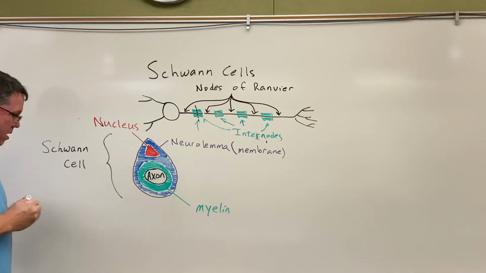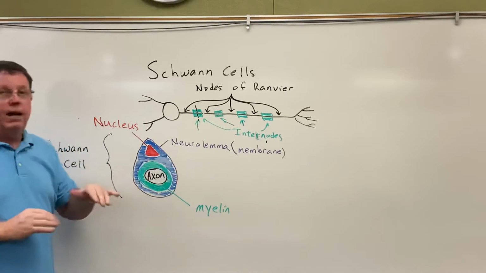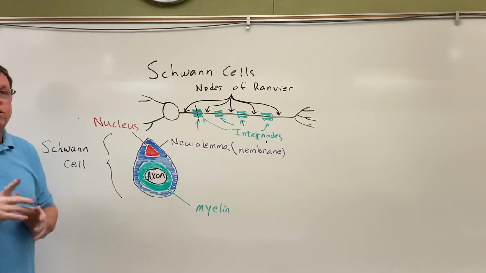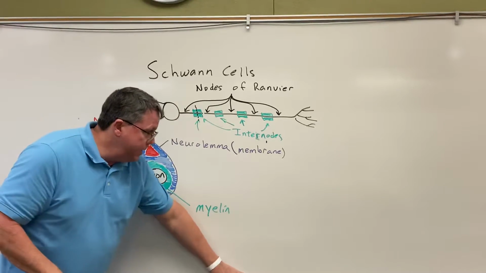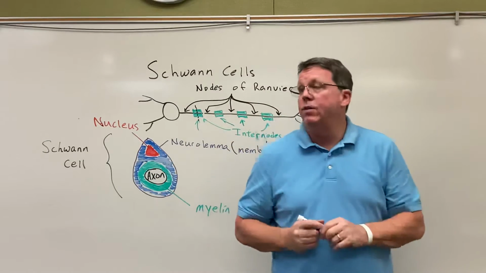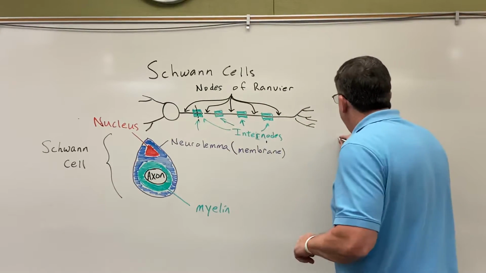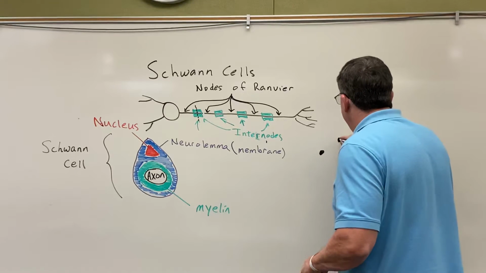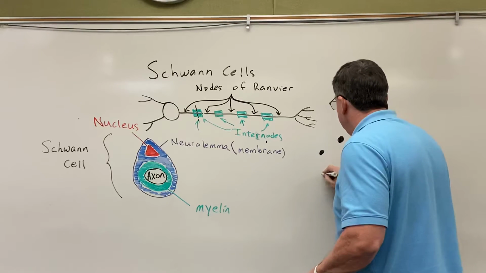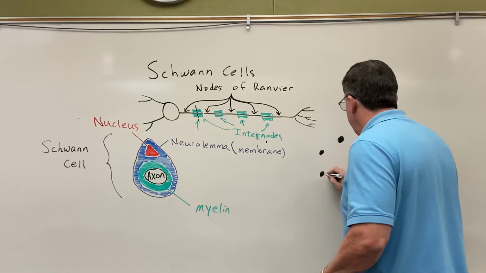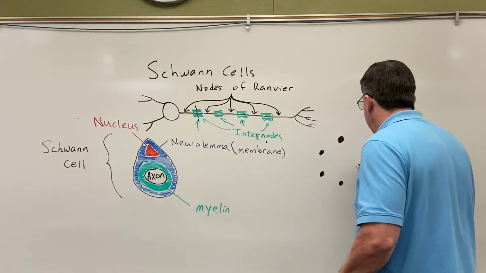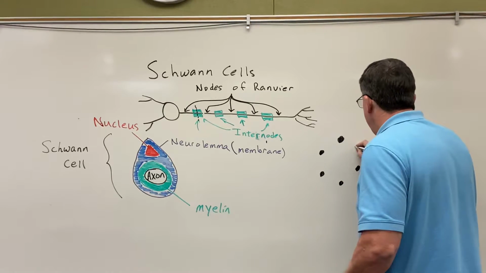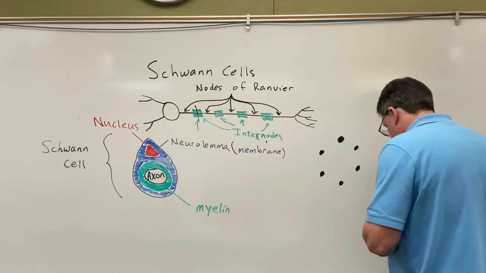Now, what about unmyelinated nerve fibers? They're also going to have a Schwann cell too. So let's take a look at them. If we come over here, I'm going to draw a bunch of little dots right here. Now let's put one down here, and go there, and go there, and go there, okay?